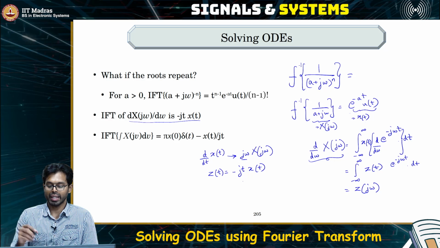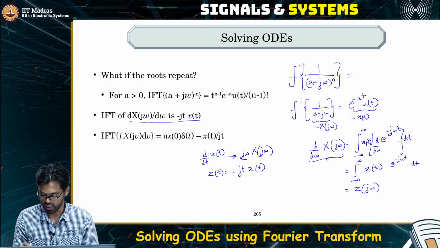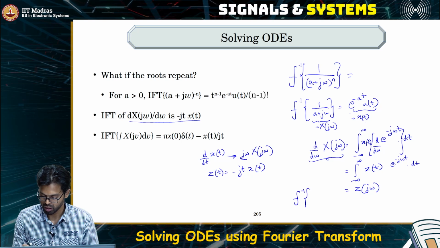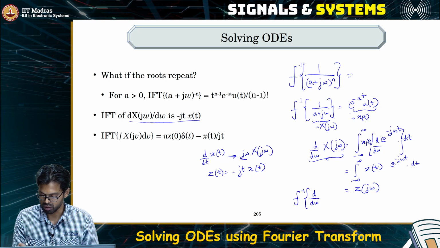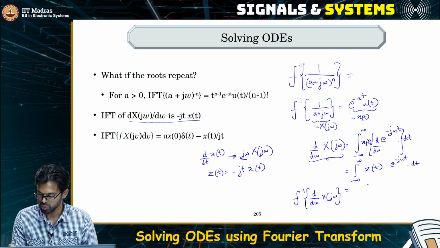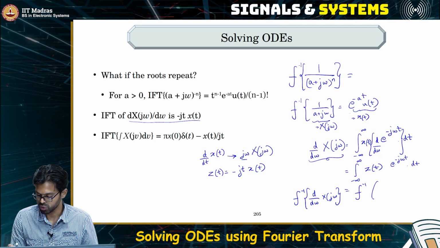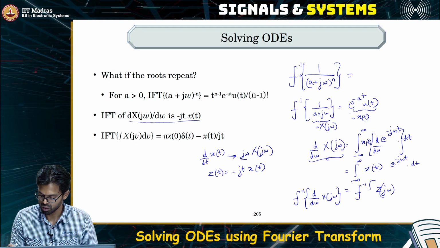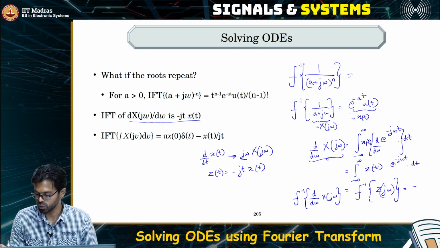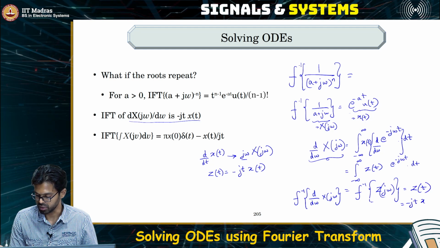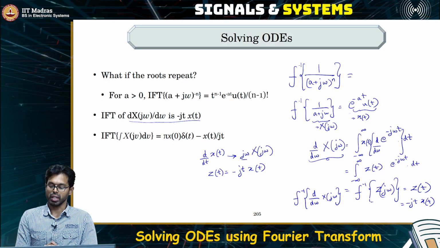So if you apply inverse Fourier transform on both sides, d by d omega of X of j omega is equal to the inverse Fourier transform of Z of j omega, which is equal to z of t. This is equal to minus jt x of t, right.